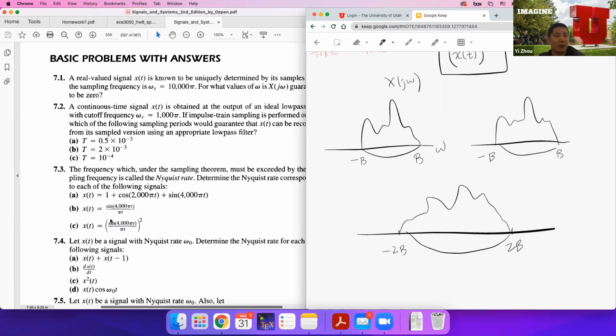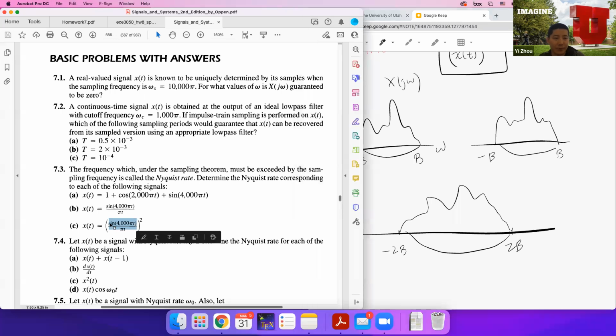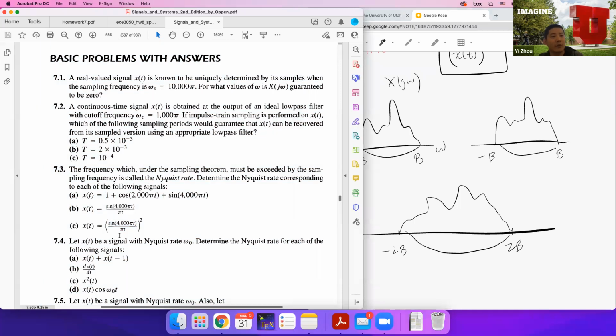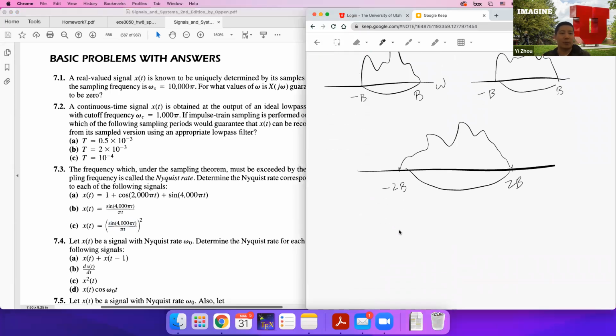And no matter what you put inside, for any signal, if you raise it to the power 2, then for the resulting signal, the Nyquist rate will be increased by 2 times. Because now the bandwidth is 2b, so the Nyquist rate is 2 times the current bandwidth.